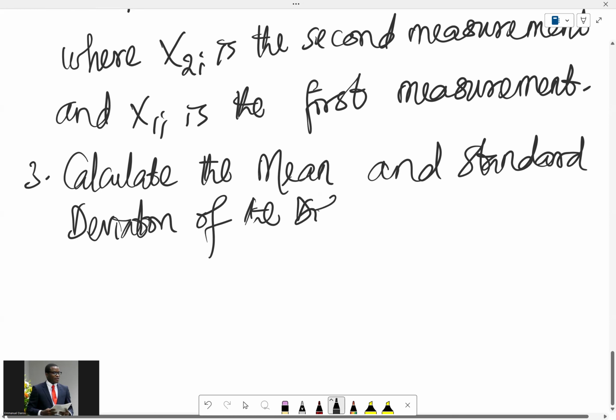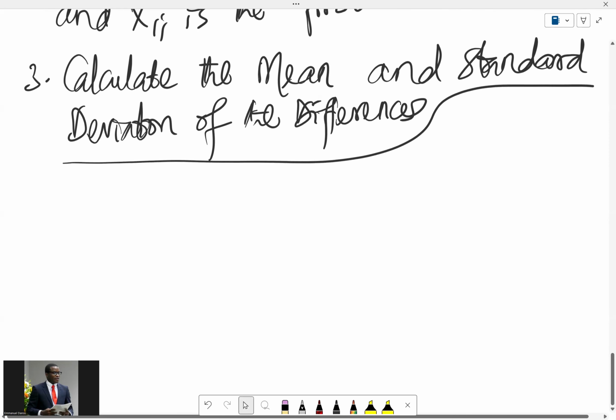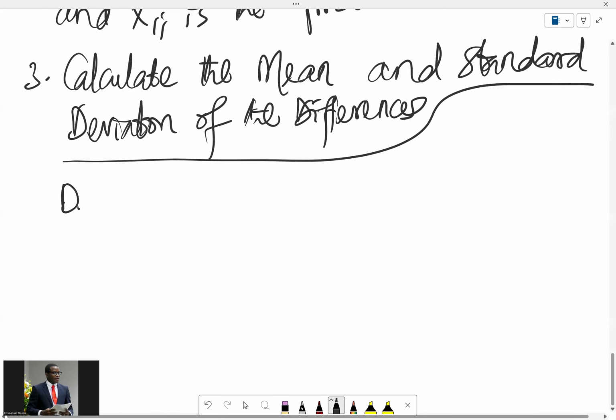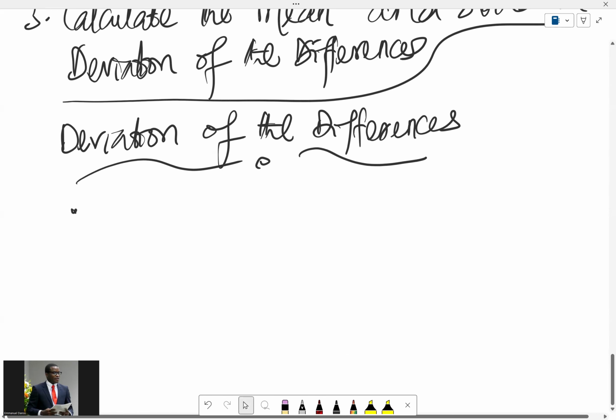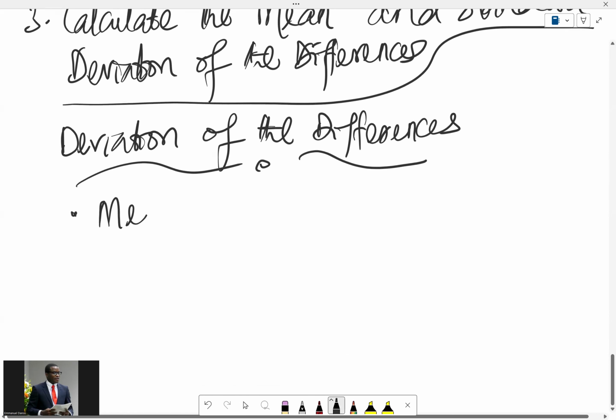So it's not of the actual numbers now, it is of the differences. First, talk about the mean.